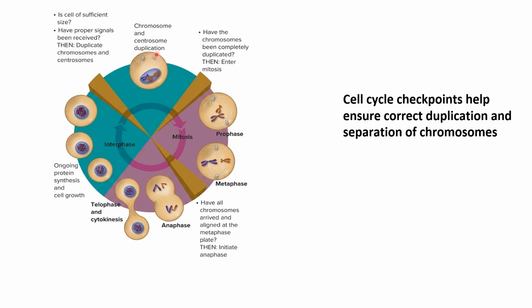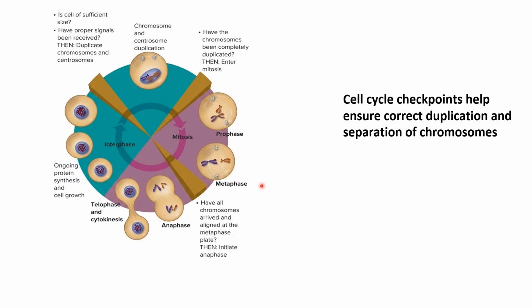After the chromosome and centrosome duplication, before it moves into mitosis, it will ask some questions. Have the chromosomes been completely duplicated? If the answer is yes, then it will enter mitosis. But if the answer is no, it will not go into mitosis until all requirements are fulfilled.